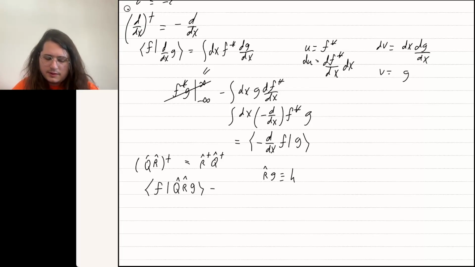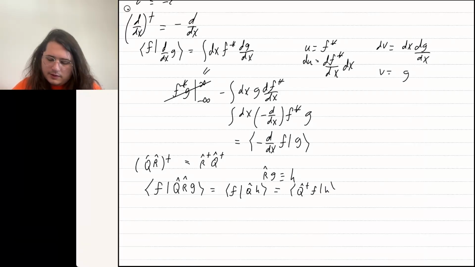And so this f inner product with qrg is equal to f with qh, right? Which we know by the definition of the Hermitian conjugate is equal to q dagger f with h. And then we can expand h back out to rg, right?